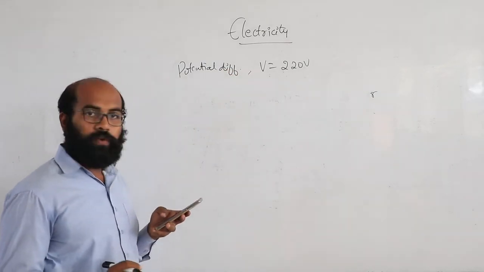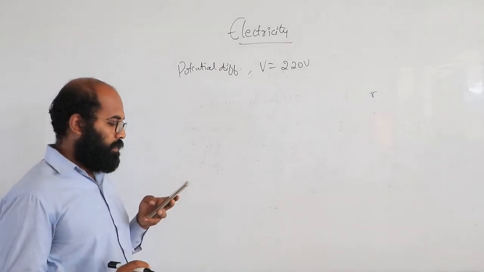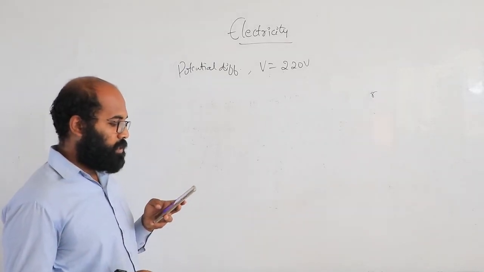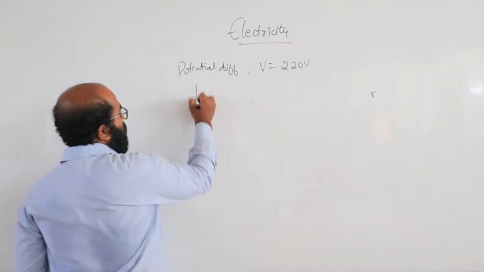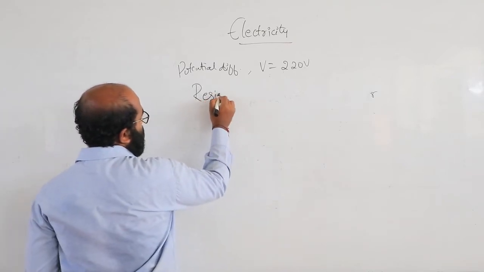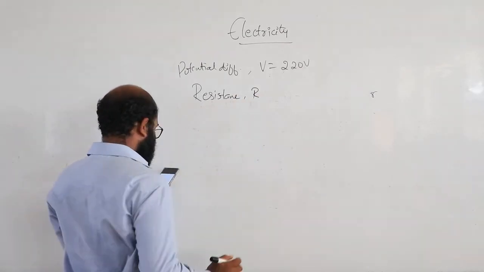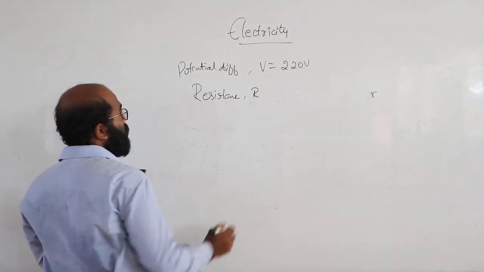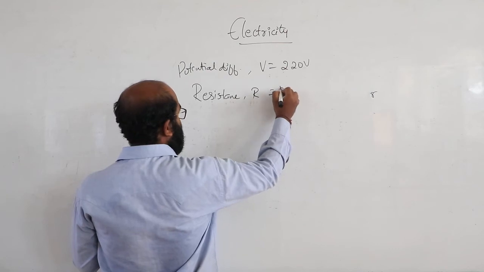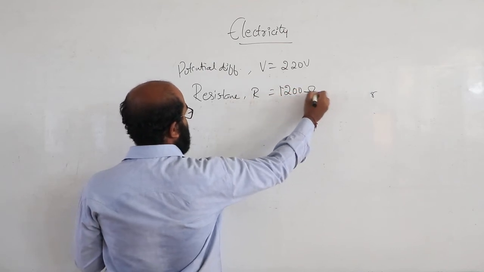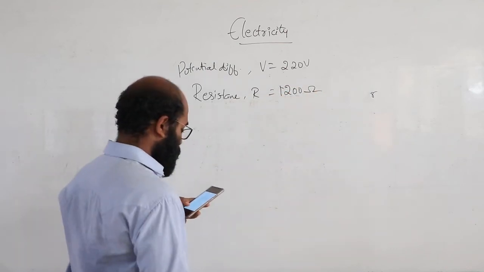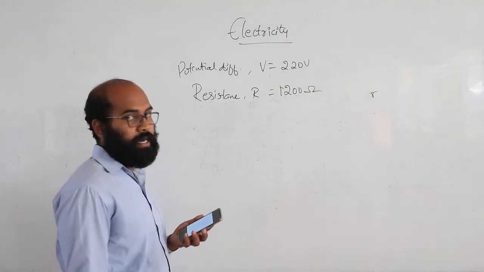Potential difference is 220 volt. The resistance of the bulb filament is 1200 ohm. Resistance R, that is 1200 ohm. So they are asking how much current.